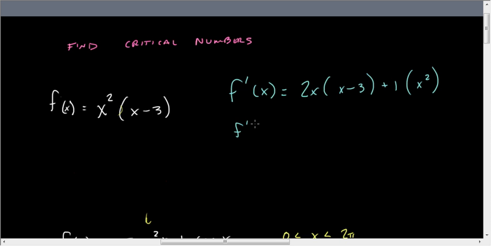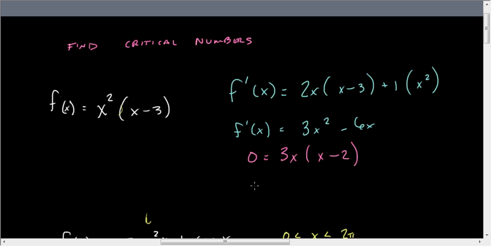Okay, and so the derivative of the function is 2x squared plus x squared, which is 3x squared, minus 6x. When we set that to 0, then we can factor out a 3x, and this gives us x minus 2.